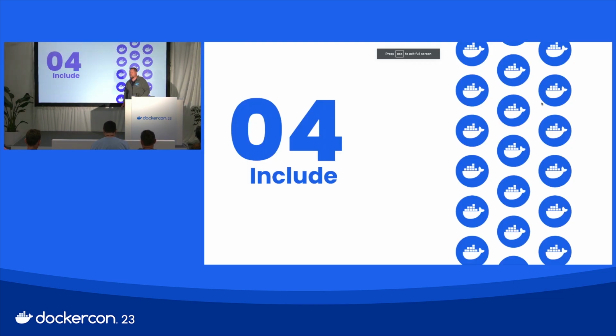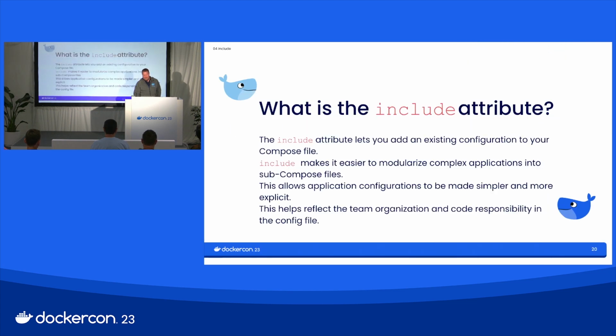So the last option you will have, but not the least one, is something we just introduced a few months ago, last July, and it was completely dedicated to and targets the microservices use cases.